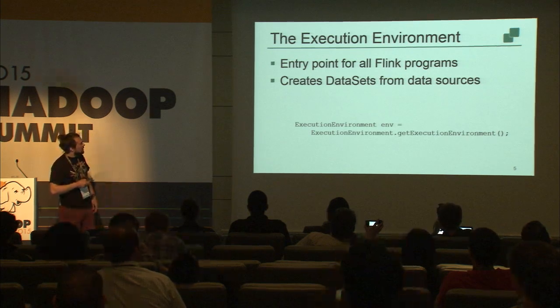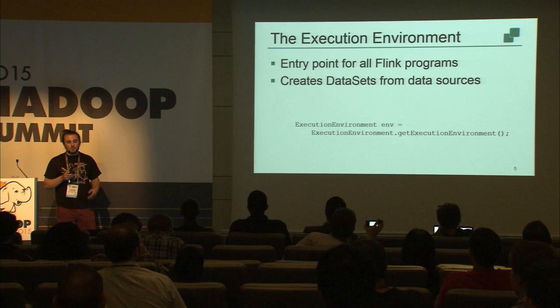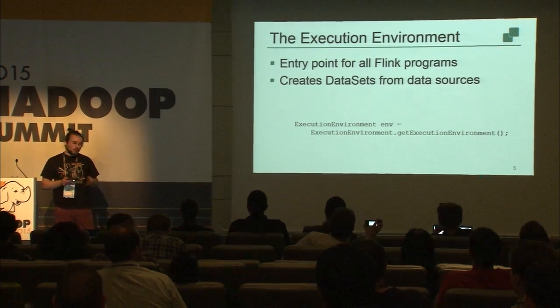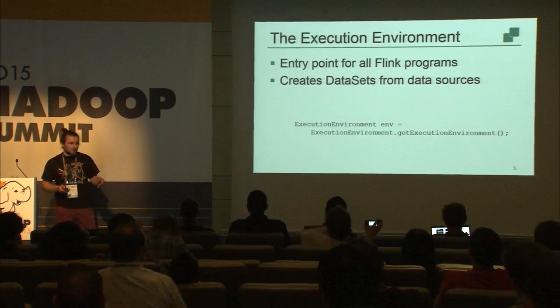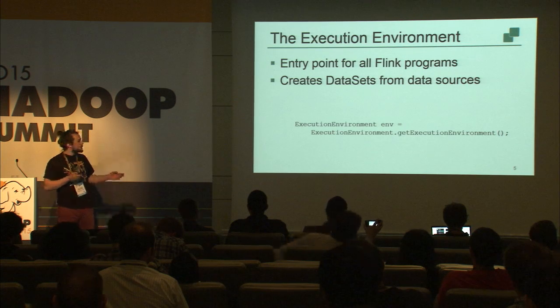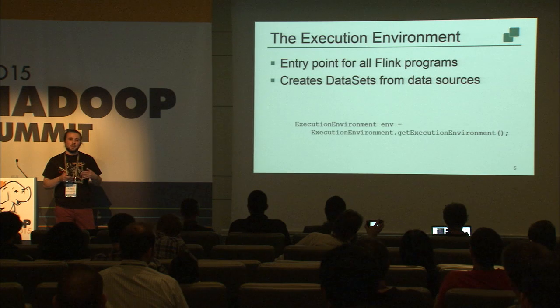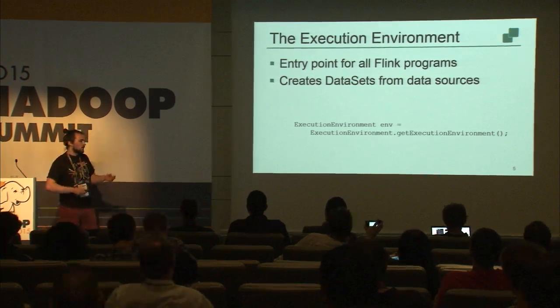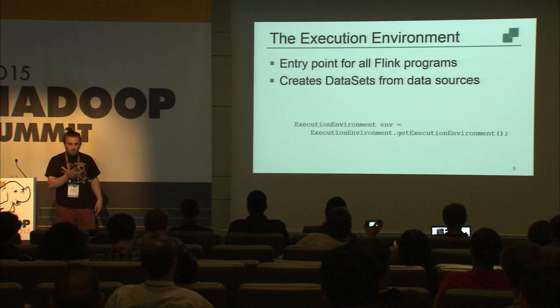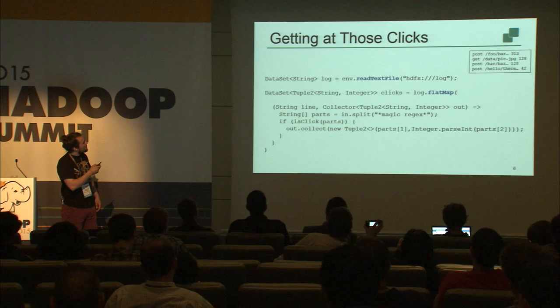And this execution environment is also used to create data sets. So the flow is you have an execution environment, then you read from sources like from HDFS or from a database with, for example, a JDBC connector. This gives you a data set, and then on this data set you apply further transformations to arrive at final data or other data sets which you can also work on. So that's the first step.